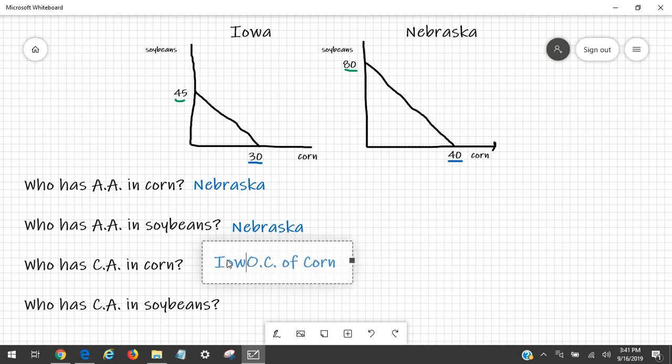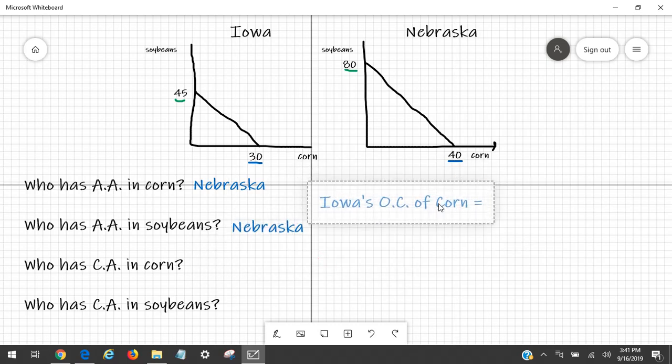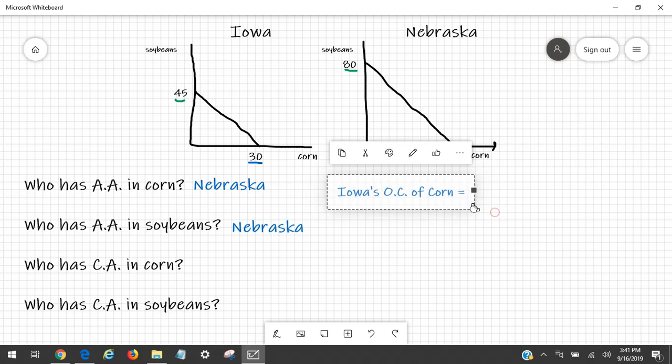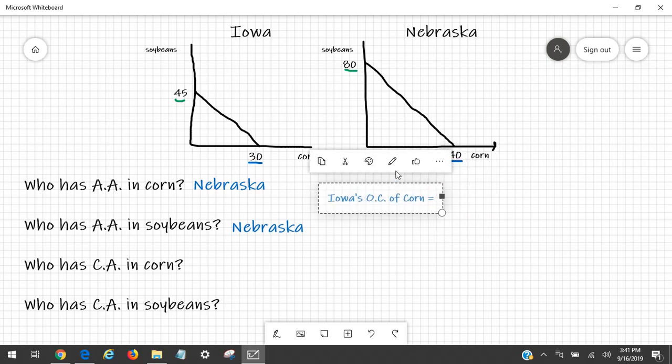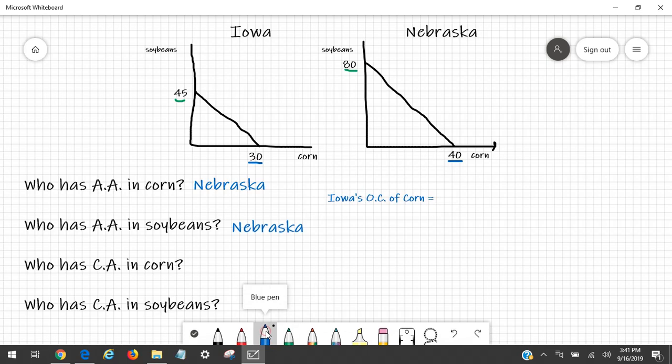I'll do this over here for now. Maybe make it a little smaller so we have more room. Iowa's opportunity cost of corn is going to be, let's see if I can draw here with this pen. It's a little difficult.